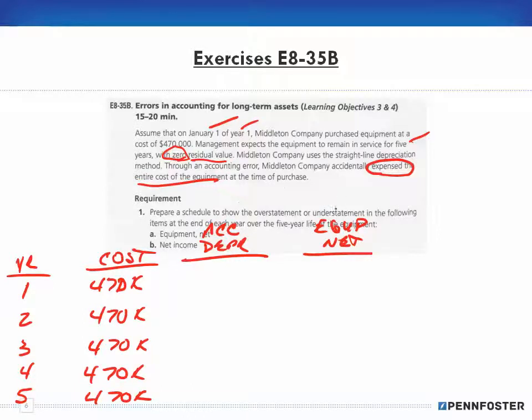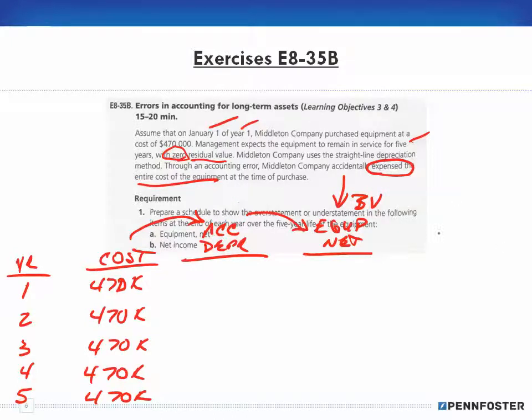So no account was created on our balance sheet for the asset. Equipment net is basically cost less accumulated depreciation, which gives us our book value. So I could call that the book value.